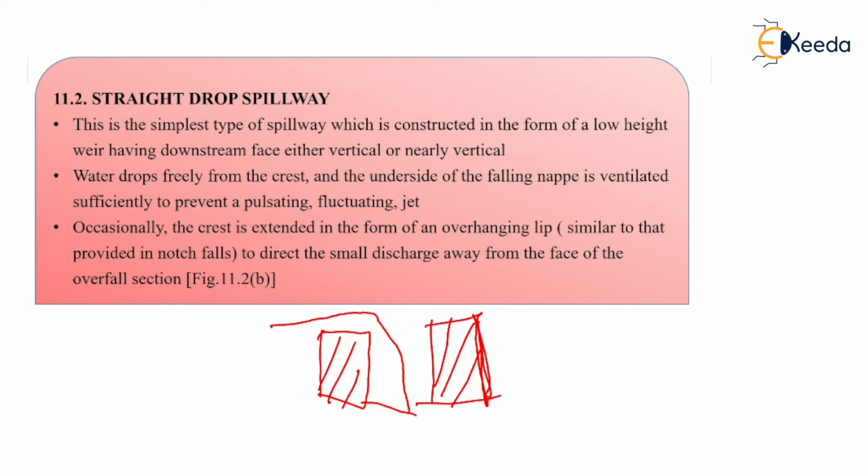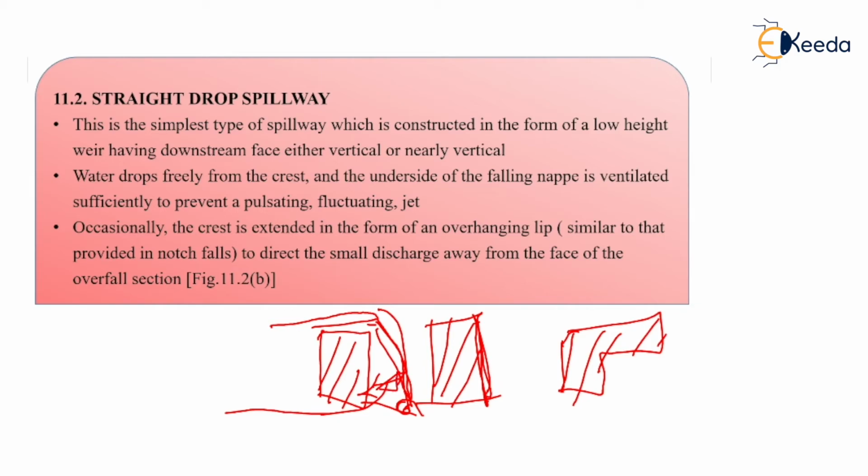Occasionally the crest is extended in the form of an overhanging lip. Sometimes the shape will be given like this. The overhanging lip is provided to direct the small discharge away from the face of the overflow section. See here in this section, the falling of the jet will directly affect the bed level, because in this section negative pressure and cavitation will be formed continuously.